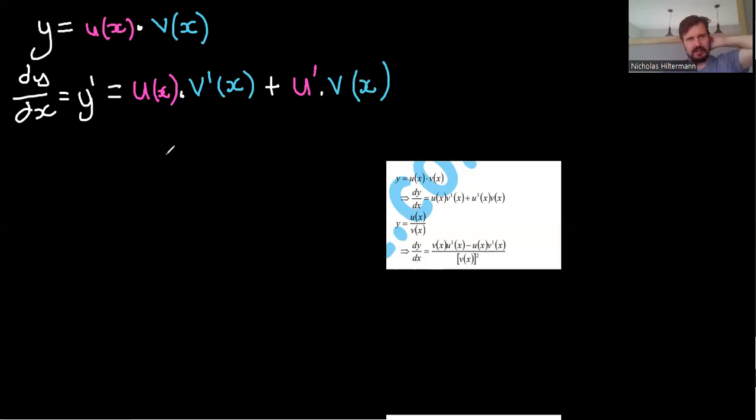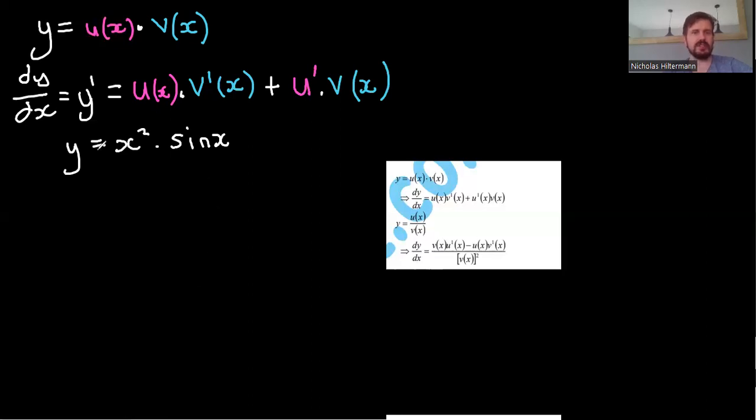Okay, so it's easier to look at this in terms of an example. So let's say that you have y equals x squared times sine x.